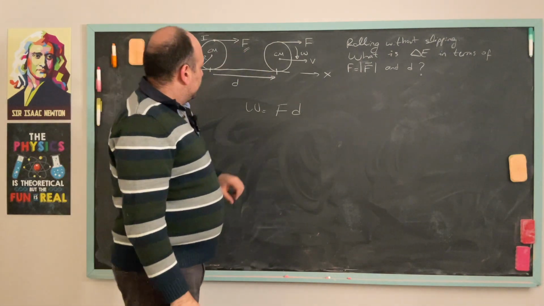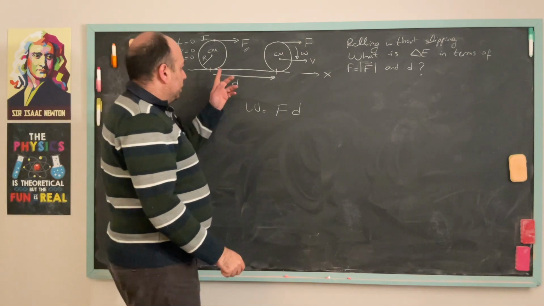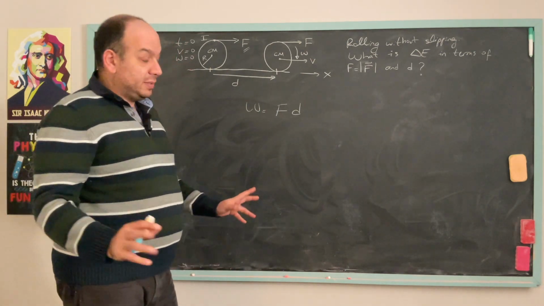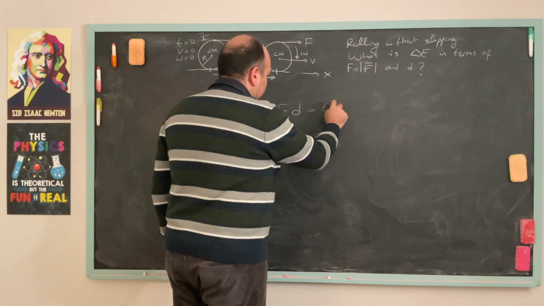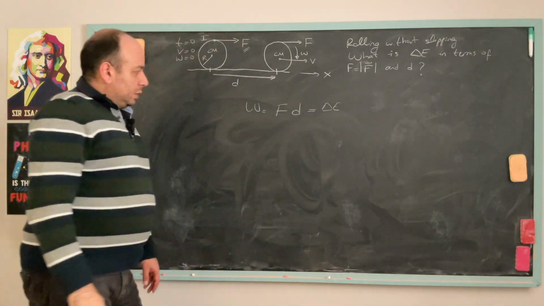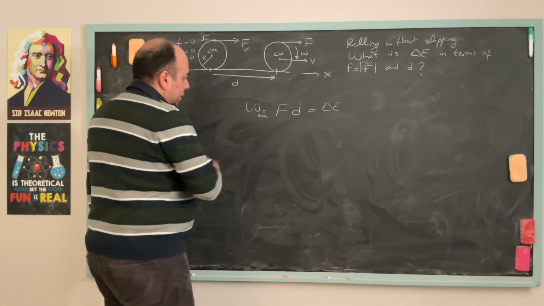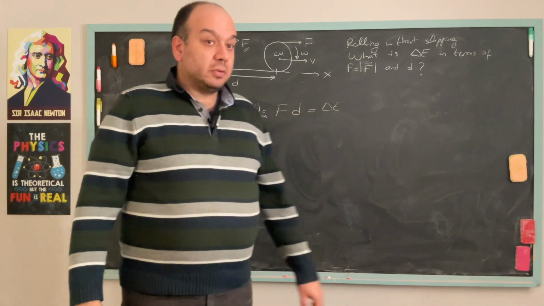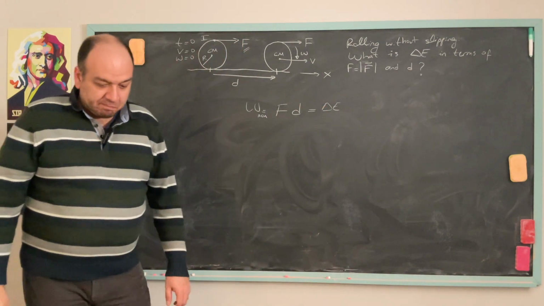And if this is the only force doing work here, which we will also discuss, then this should be equal to delta E due to the work energy theorem, because this is a non-conservative force. The work done by a non-conservative force is equal to the change in the total mechanical energy of the system.